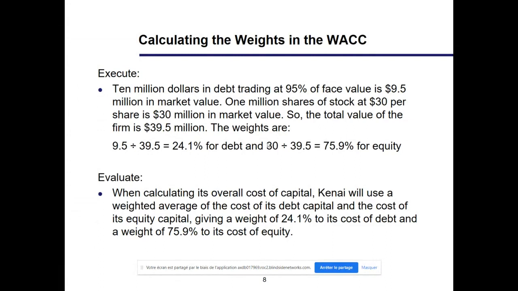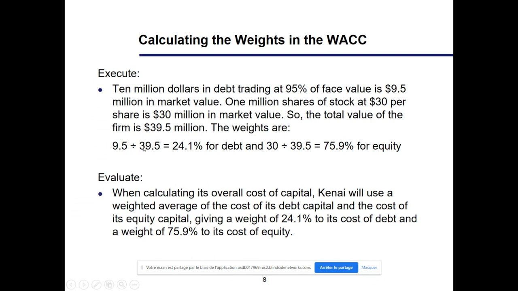Whereas the stock is traded at $30 per share, so the market value of equity is 30 million. So the company has a market value of 39.5 million, with 9.5 million of debt.